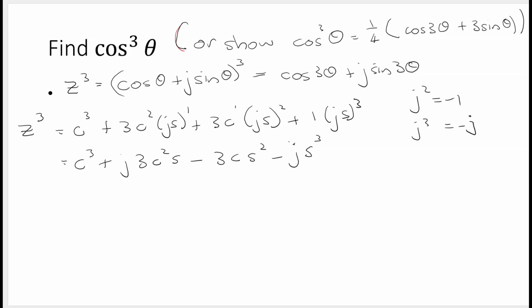I also now want to collect up, and I may as well write back in full the real terms and the j terms. So my real terms are going to be cos cubed theta minus 3 cos theta sine squared theta. Then take the j out as a common factor.